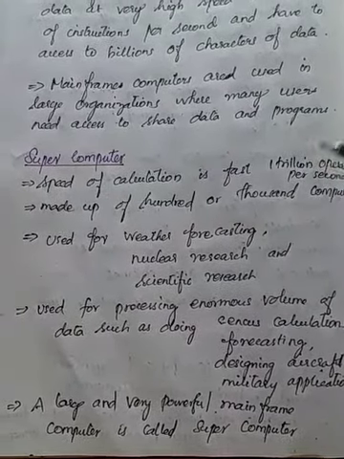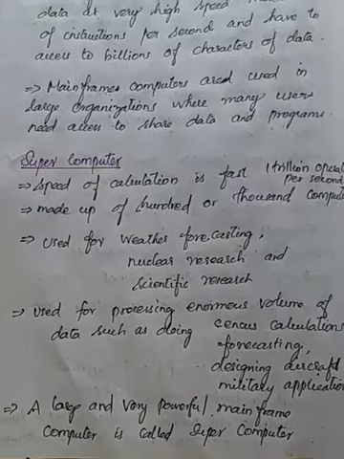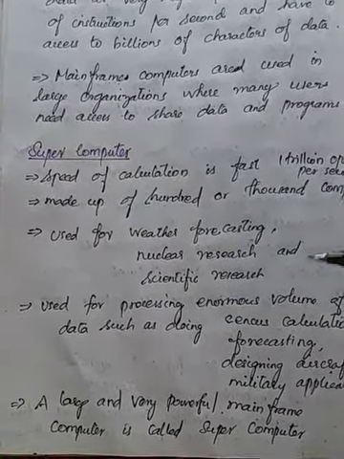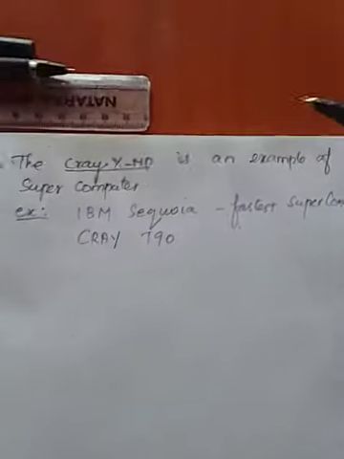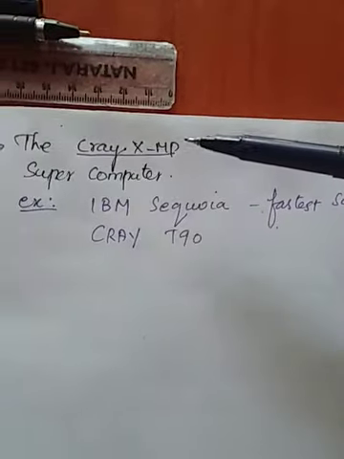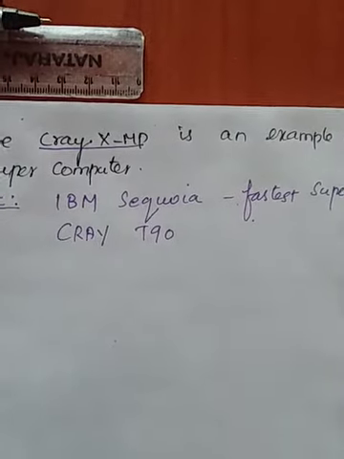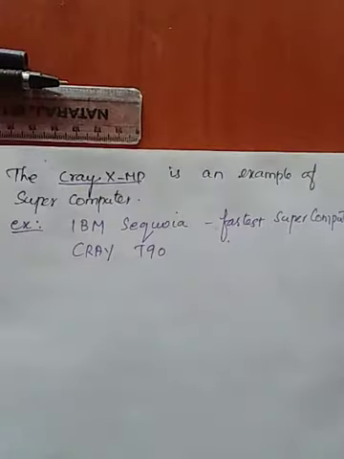It has more power than the mainframe and is very large in size. Examples of supercomputers are Cray XMP, Cray T90, and IBM. These are all examples of supercomputers.